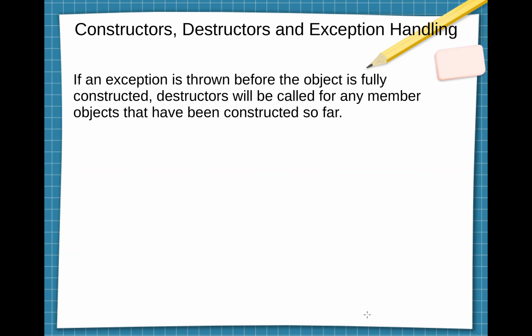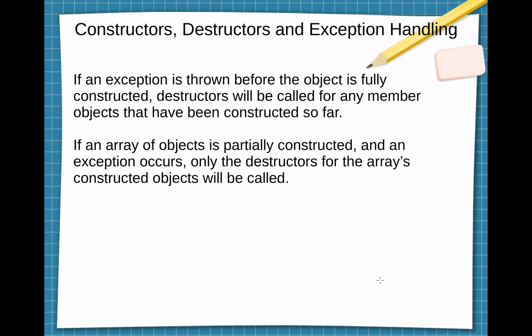It's especially important because we are allocating memory for them, right? So it must be deallocated. And if we are working with an array of objects using dynamic memory allocation and it's partially constructed when an exception occurs, then the destructors for the array's constructed objects will be called, of course, because we need to deallocate the memory that we occupy.